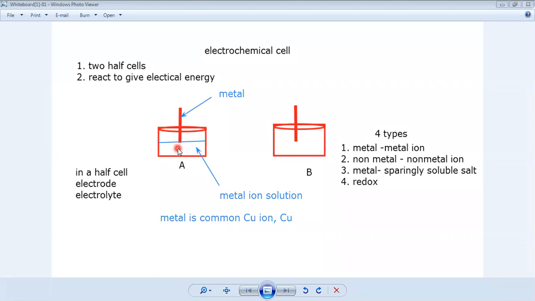Any salt containing copper, when it gets dissolved, the solution will contain what? Copper ion. So the copper ion solution will be placed here, and the rod will be made up of copper. So we say it is metal metal ion solution. Are you getting it?